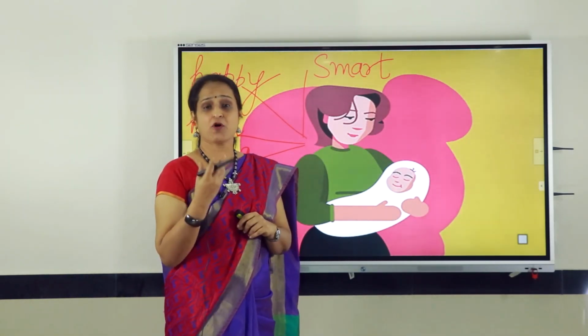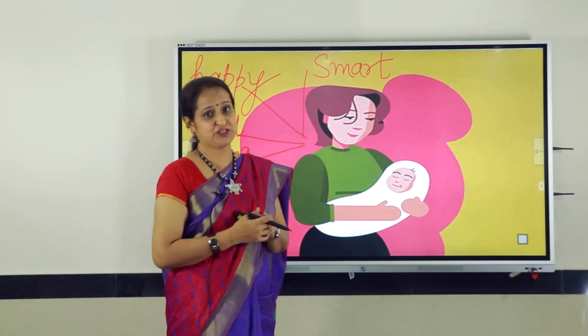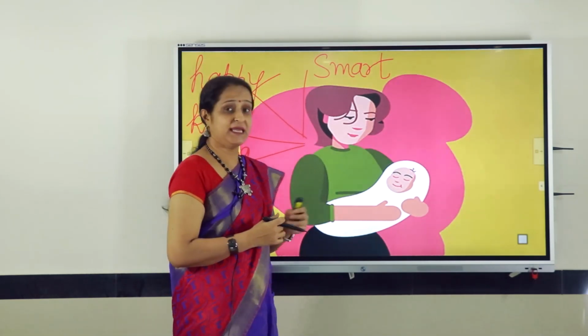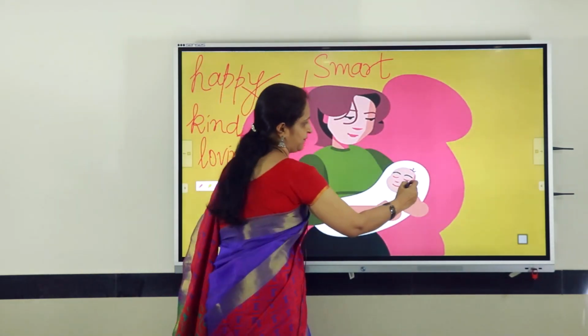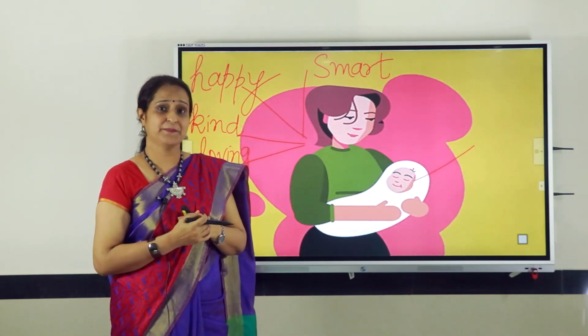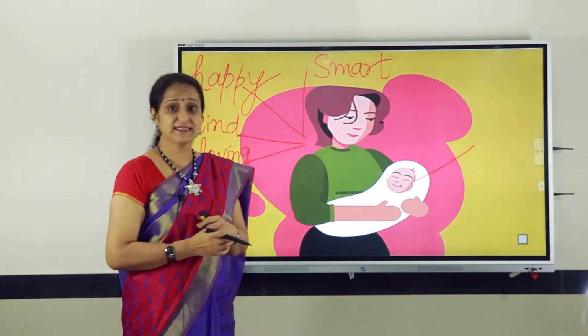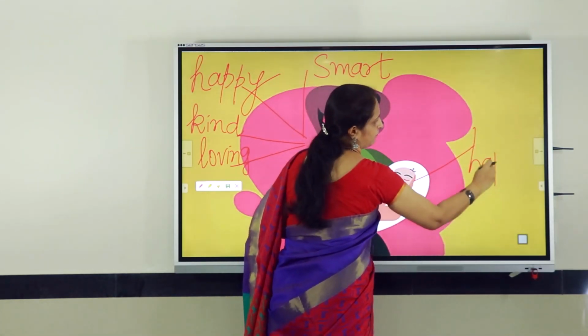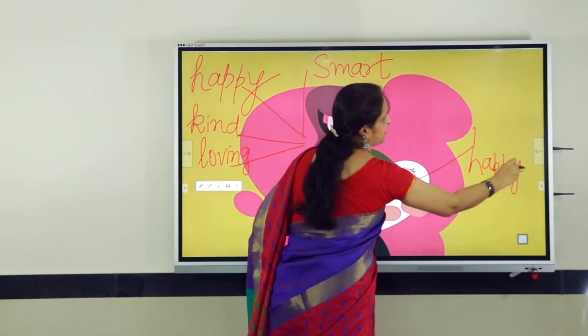Now let us talk more about the baby in the picture. Let us use some describing words for the baby in the picture. When you look at the baby, what do you see? The baby is happy. H-A-P-P-Y, happy.